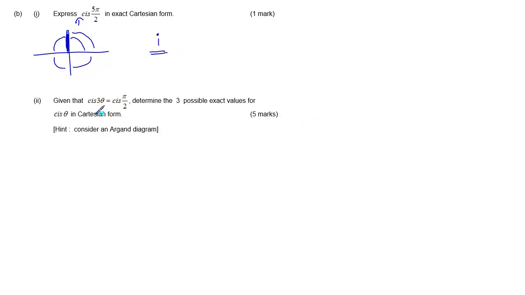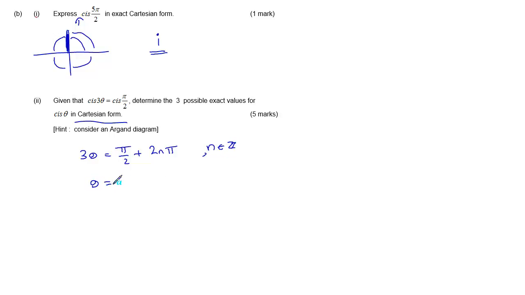Given that cis 3 theta is equal to cis pi by 2, determine the 3 possible exact values for cis theta in Cartesian form. So what we can do here is we can say that 3 theta is pi by 2 plus 2n pi, where n is an integer.